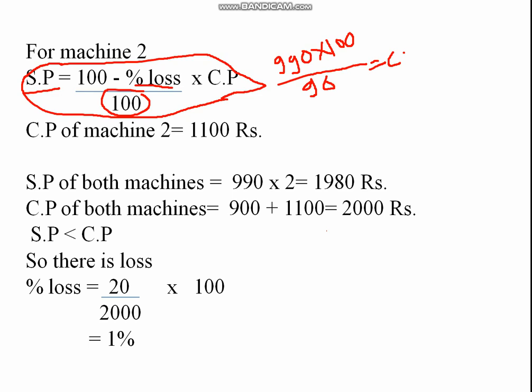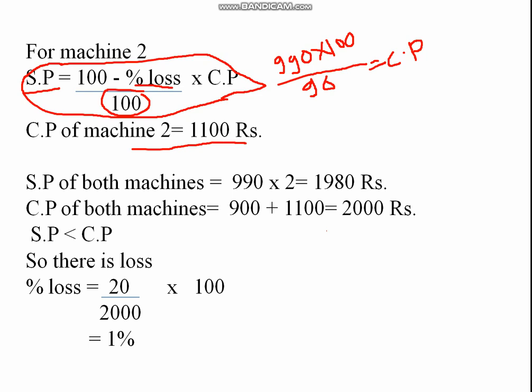Simplify this expression and you get the CP of machine 2 as 1100 rupees. So this is the CP of machine 2.